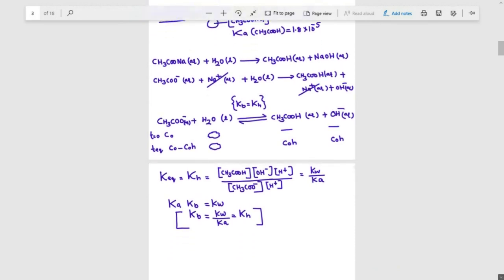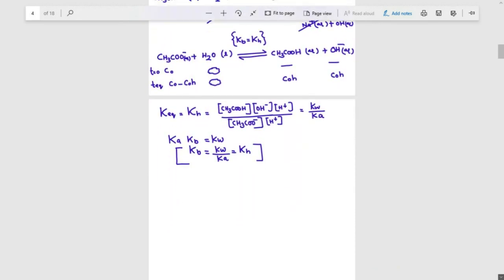So we should understand that this is not a new problem. I am solving a problem of a weak base. So the hydrolysis constant, if I put in the values given, is equal to C naught H square upon 1 minus H. On simplification, Kh is equal to C naught H square upon 1 minus H. Or if I write in terms of the base, I should write the degree of dissociation of the base, so Kb is equal to C naught alpha square upon 1 minus alpha.